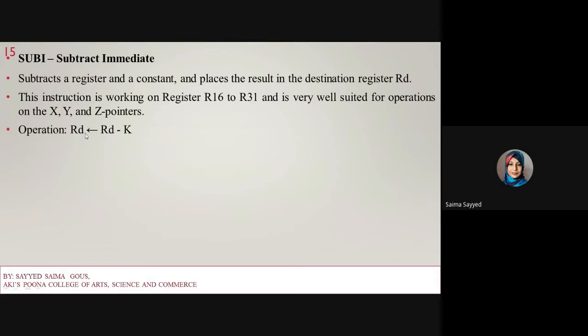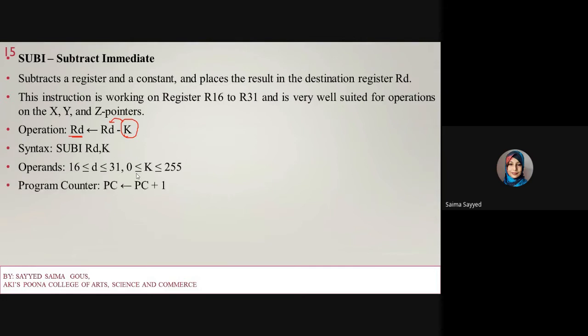The operation is RD minus K, where K is a constant number, so the constant gets subtracted from RD and the data will be stored in RD. Subtract immediate RD comma K, where D is from 16 to 31, and K is from 0 to 255, and the program counter will be incremented by 1.